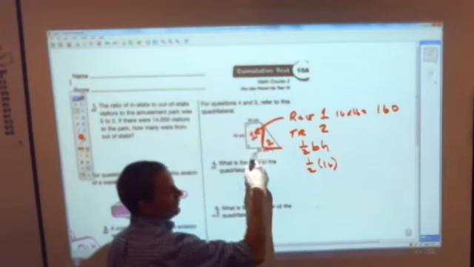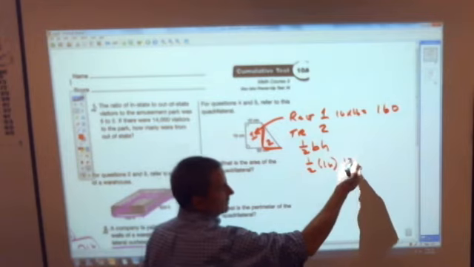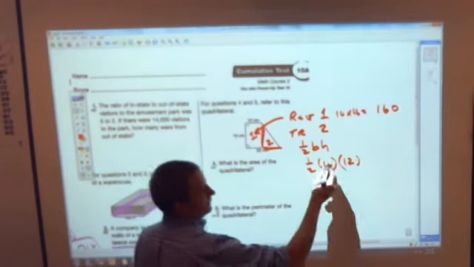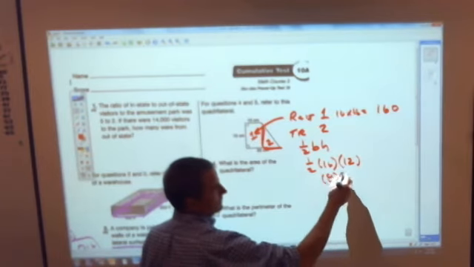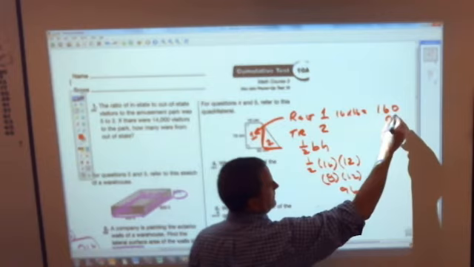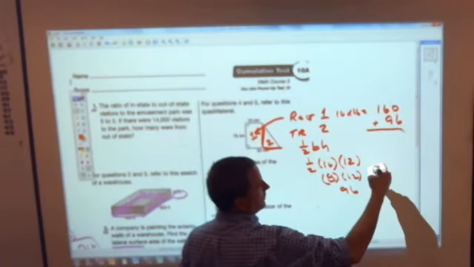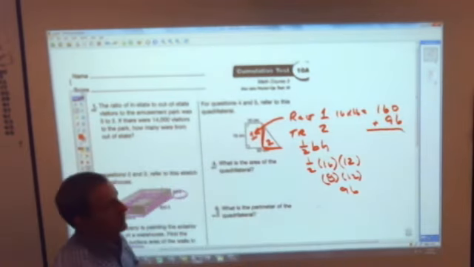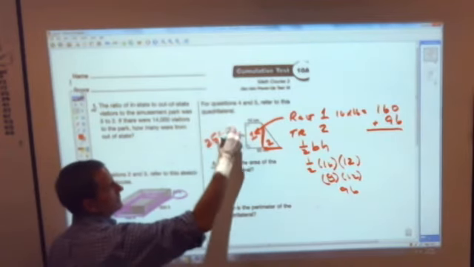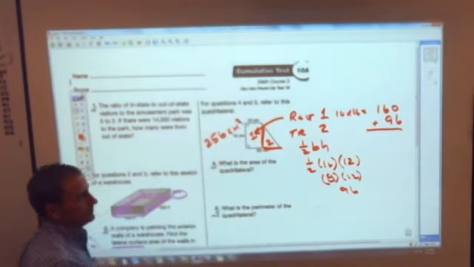So I have to take 10 away from 22, making it 12. Half of 16 is 8. 8 times 12 is 96. 96 gets combined with my 160 for the grand total of 256 centimeters squared.